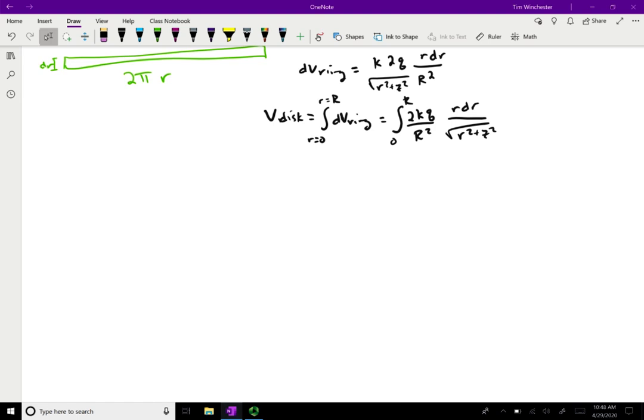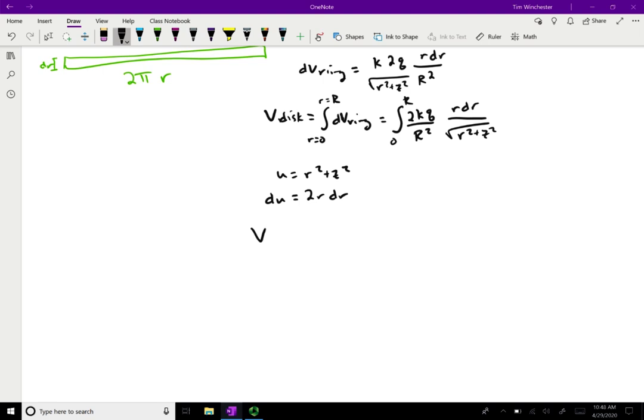So I'm just going to use a u substitution. So if I do u is equal to r squared plus z squared, and du is then going to be equal to 2r dr. Well, I actually have a 2r dr, so that works out really nicely.